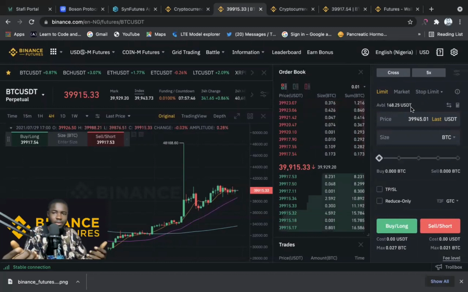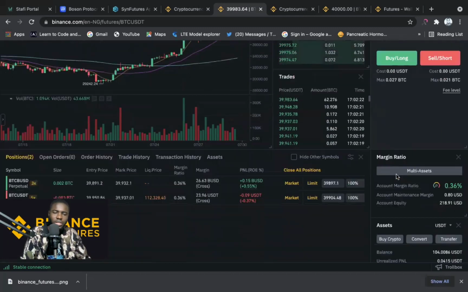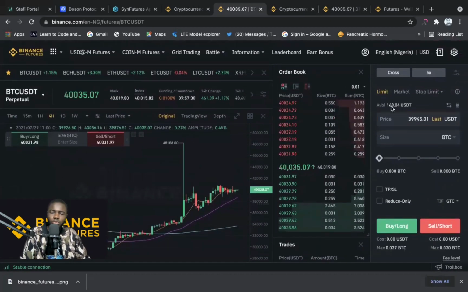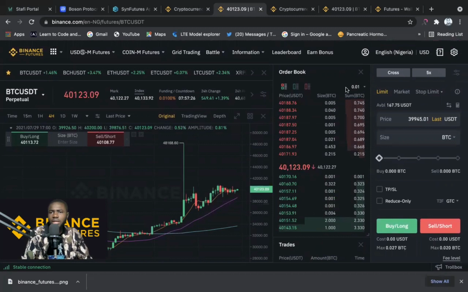It basically merges. When you enter a position, I had 104 USDT. Instead of your position relying on just 104 USDT, it's actually relying on both your USDT and your BUSD balance.